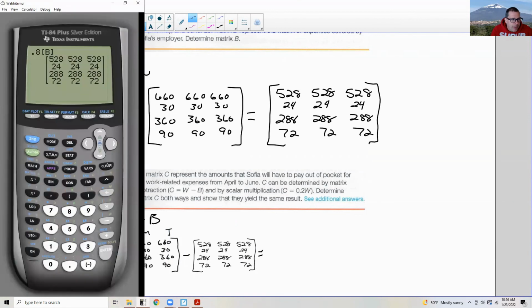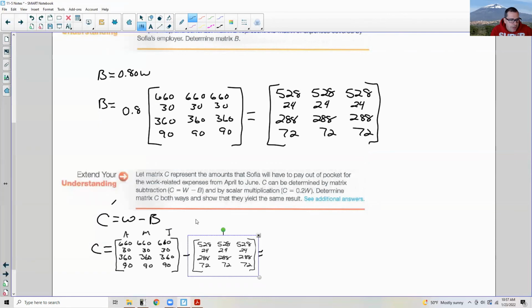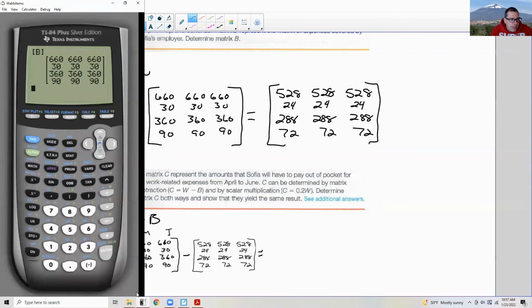So if I go into my calculator and hit clear, and go back to my matrix and look at them, I don't want A. B is 660, 30, 360, 90. So there's my B. So B is actually W in this case. I'm going to take that and hit minus.